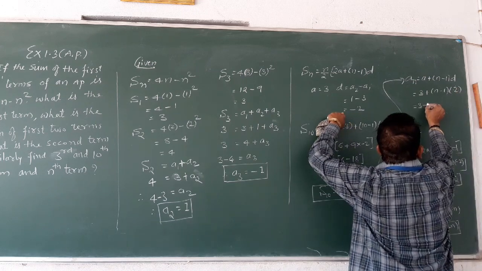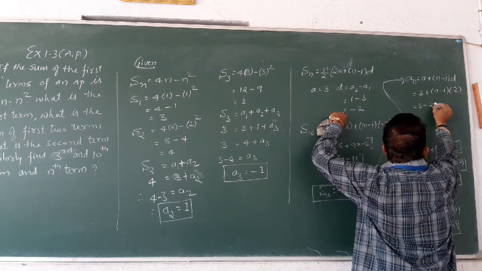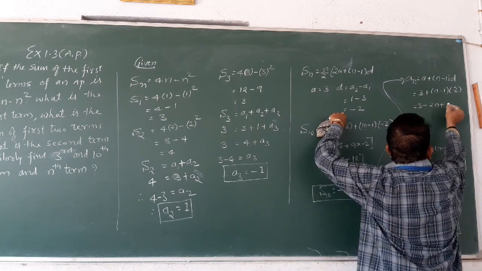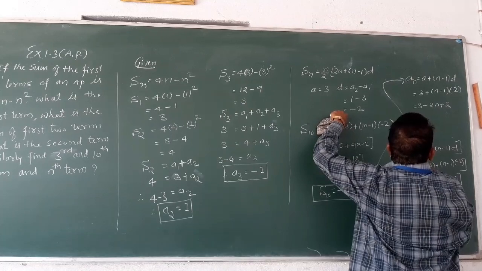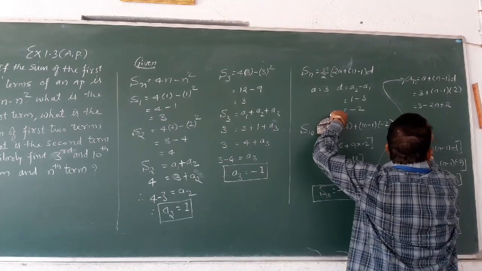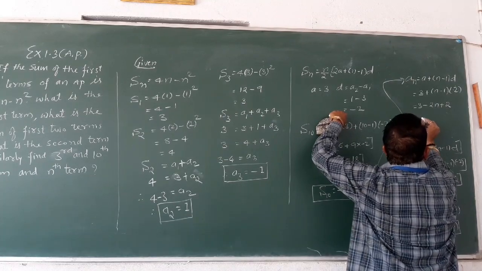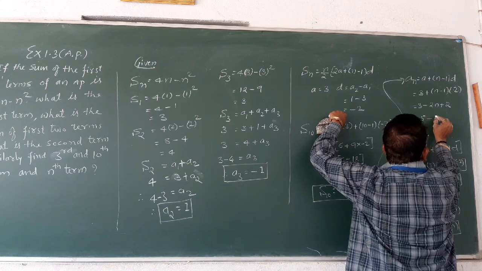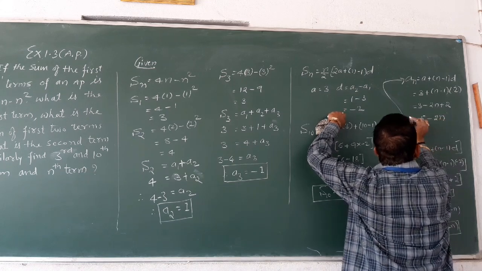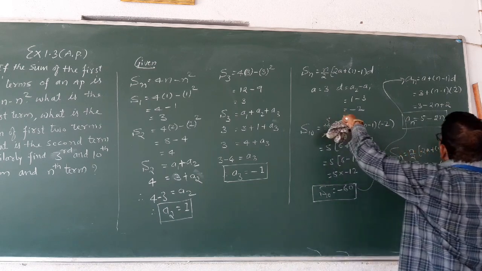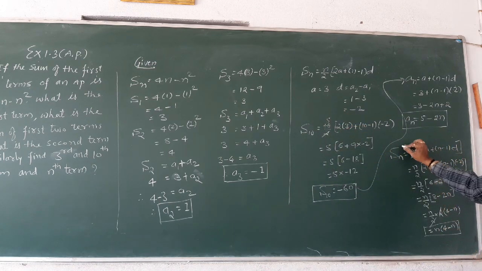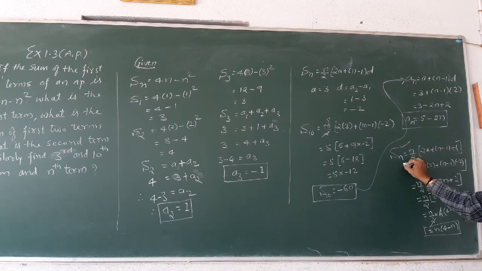So 3 minus 2n plus 2. So 3 plus 2, 5 minus 2n, that is an. Here we have calculated the nth term of the AP, but this question has not been asked.